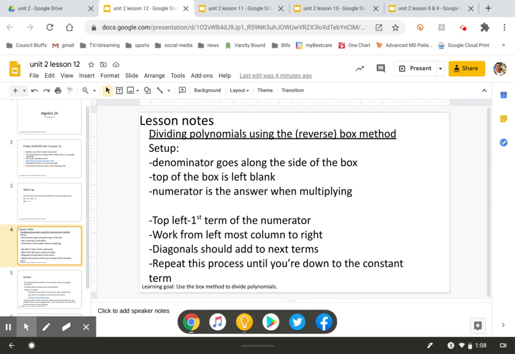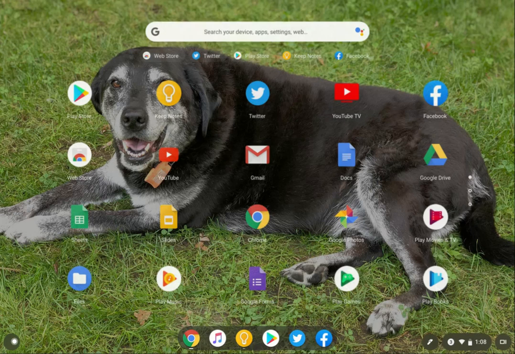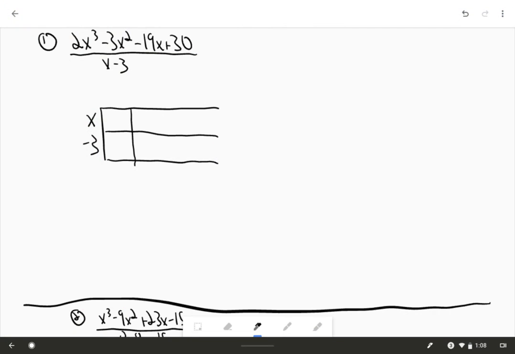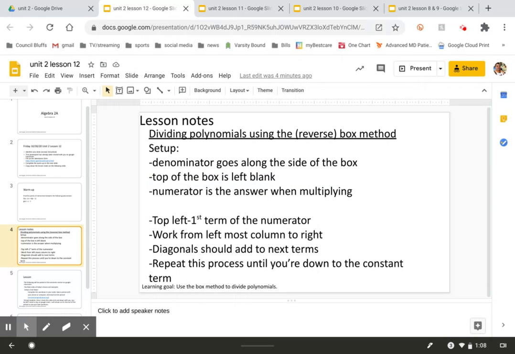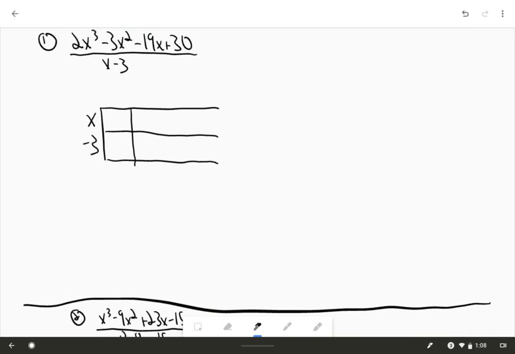So the top left of the box, you're going to put the first term of the numerator. So the first term of the numerator is 2x cubed. So I'm going to put that in the first spot of the box.